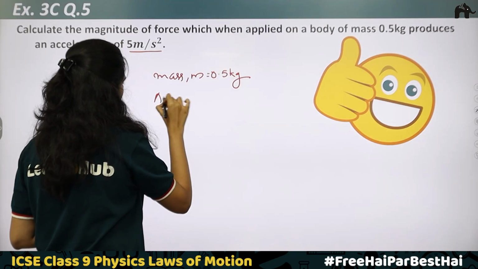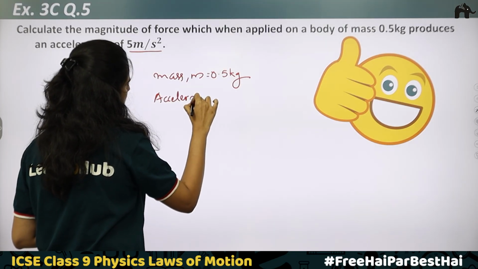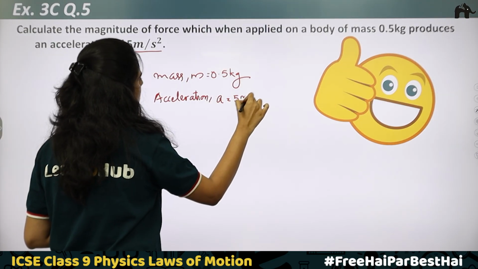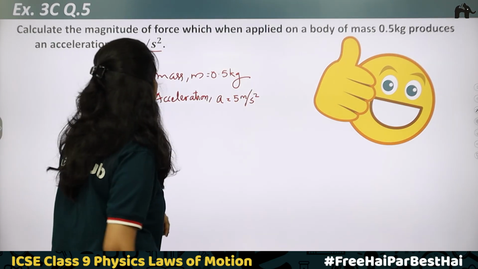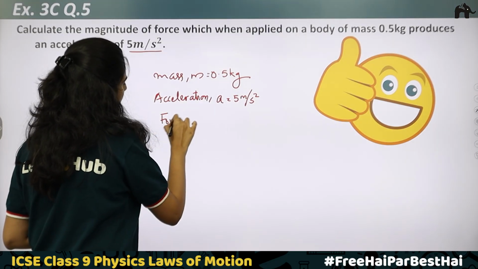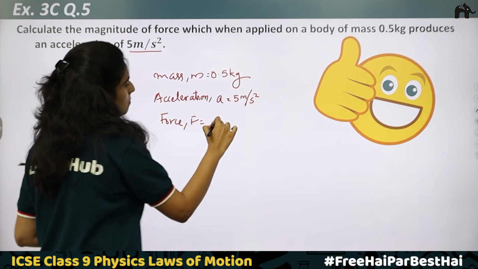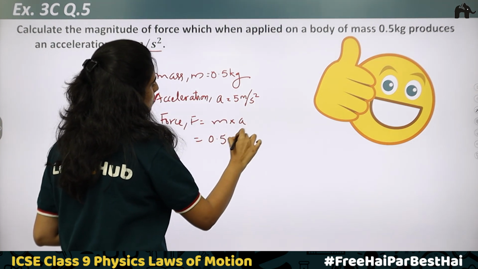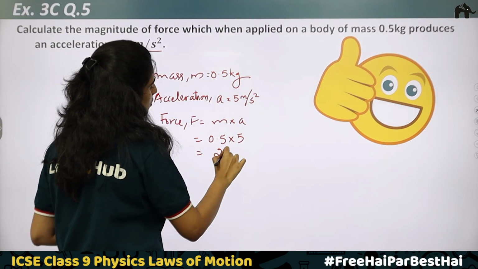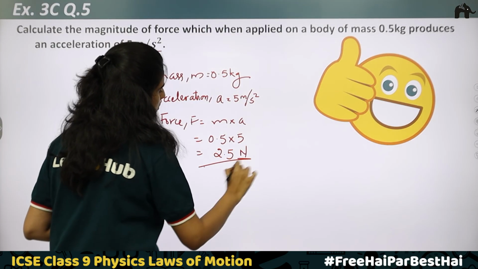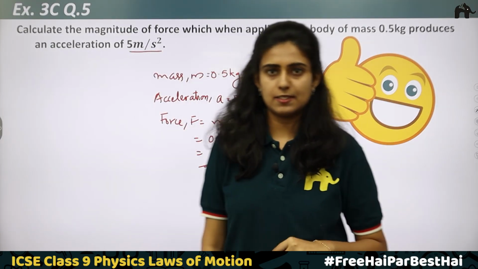Then acceleration a is equal to 5 meter per second square. Okay. We need to find the force. Force F is equal to mass into acceleration, which is 0.5 into 5 equal to 2.5 Newton. So, the force is 2.5 Newtons.